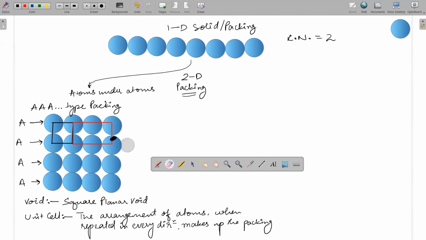So there can be many unit cells. But what unit cell you will take is the one that I tell you. Why is that? Because I know what unit cell represents the packing the best way. So the unit cell that I say to take is square, but a different kind of square, the square which looks like this.